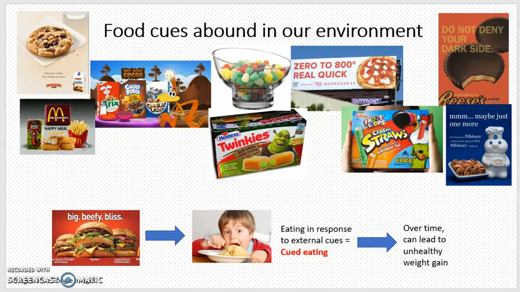Research suggests that children and adolescents are more affected by these because they're a little bit less inhibited, their behavior is less regulated, so they're less likely to consciously control their behavior. And importantly, previous research has shown that the more attention children and adolescents pay to peripheral food cues, like what they may see around them in their daily environment, the more likely they are to eat in response to those external cues.